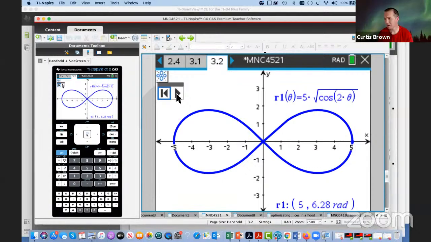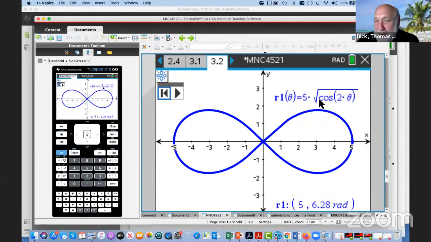I also got a comment from one of our viewers to put in the absolute value of cosine 2 theta. That should give us an interesting one to play with as well. But I think we're right at the edge of time here. I would encourage everyone to go out and try some of these curves and do some interesting explorations.